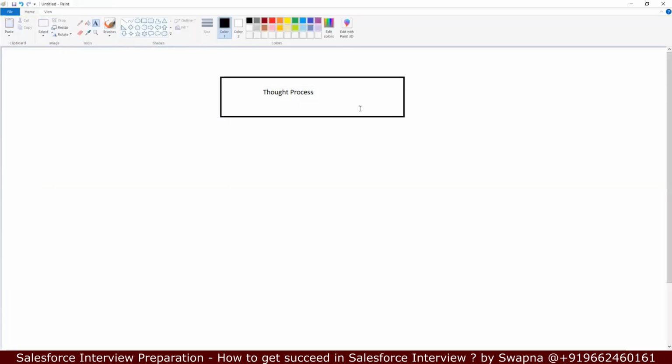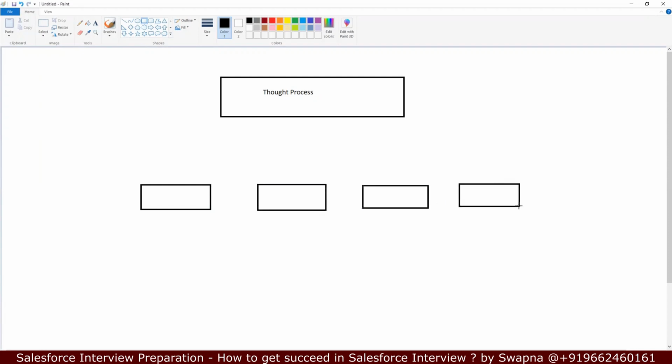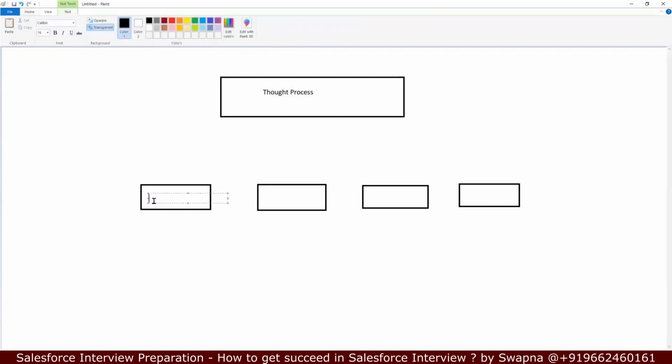Thought process is divided into four different types. The first one is approach.